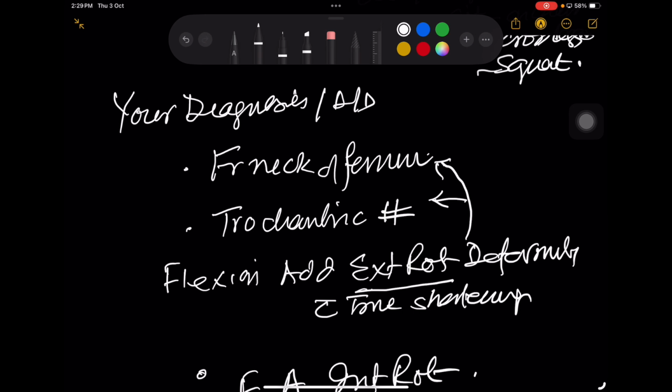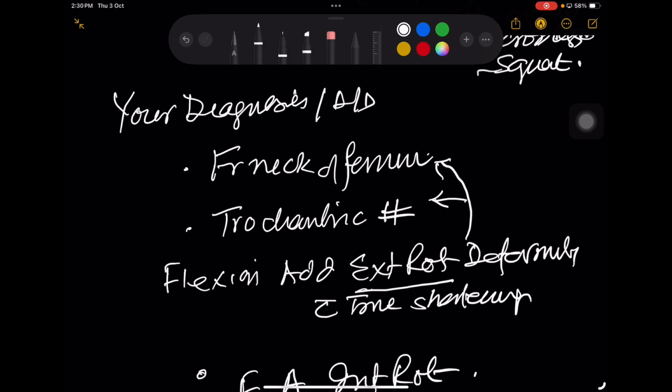Differential diagnosis, trochanteric fracture. How would you distinguish? In neck of femur, the tenderness is in the Scarpa's triangle, and since it is an intracapsular fracture, adduction, external rotation and shortening is not too much marked. In trochanteric fracture, these deformities are marked. There is thickening and tenderness of the trochanter. Alright.